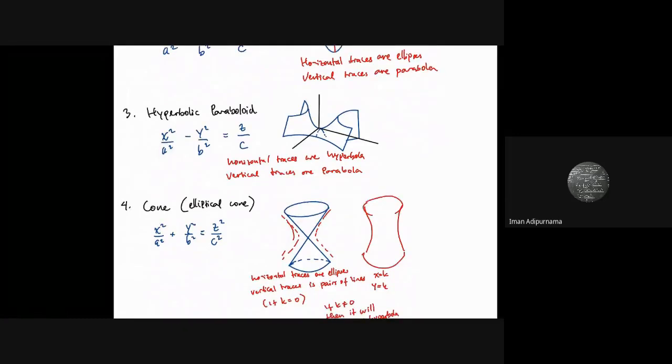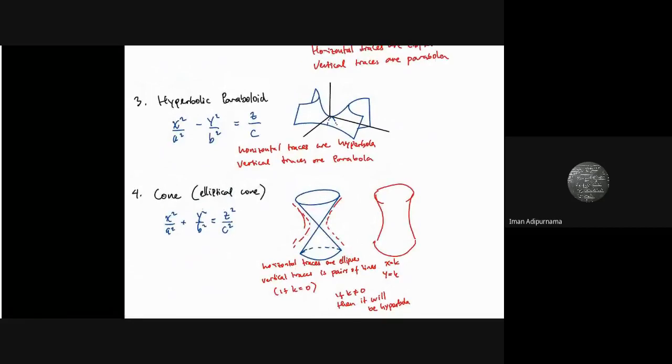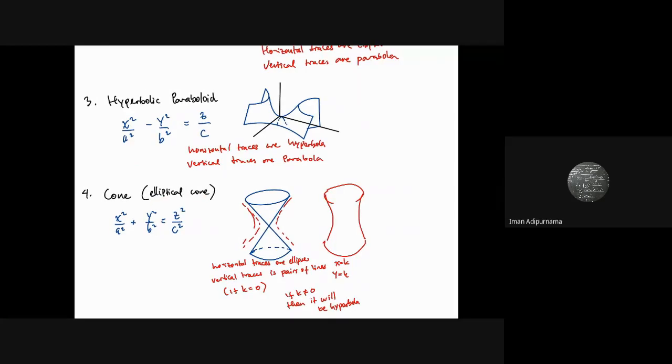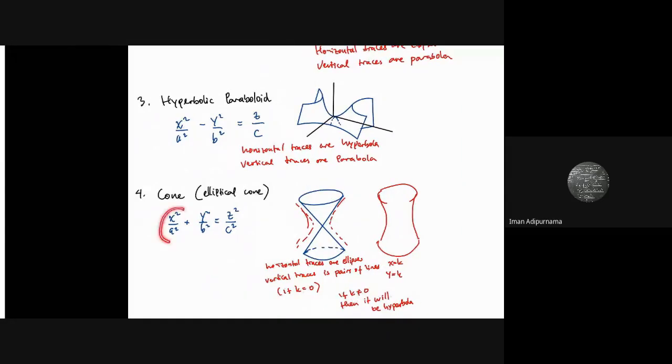Now the fourth one is the elliptical cone. So you have this, an ellipse, right? This is the ellipse. And z here is also squared, and the one here becomes the axis.